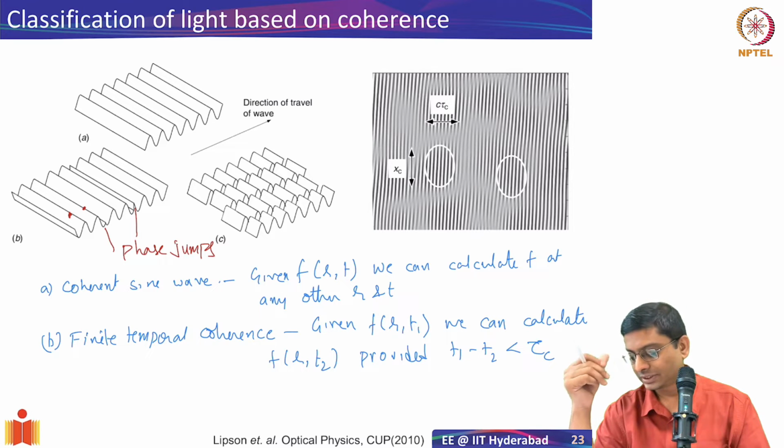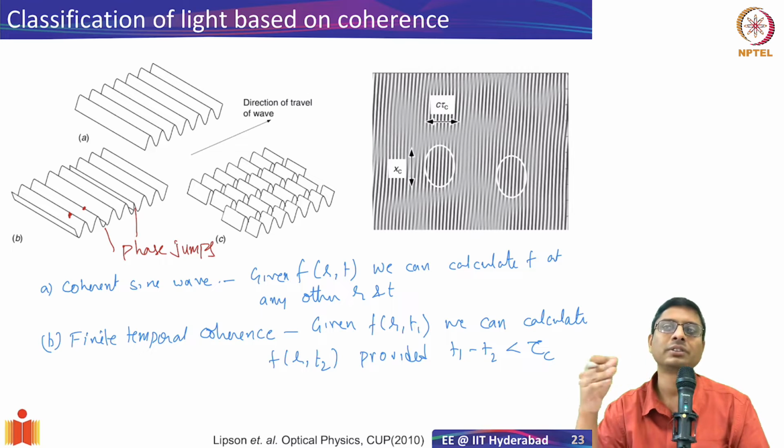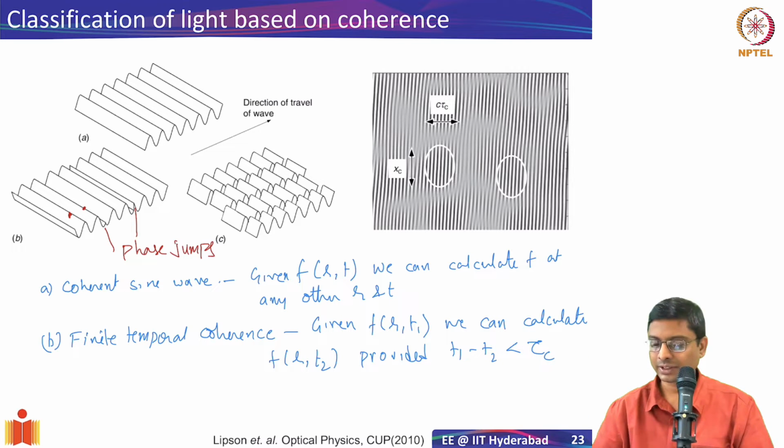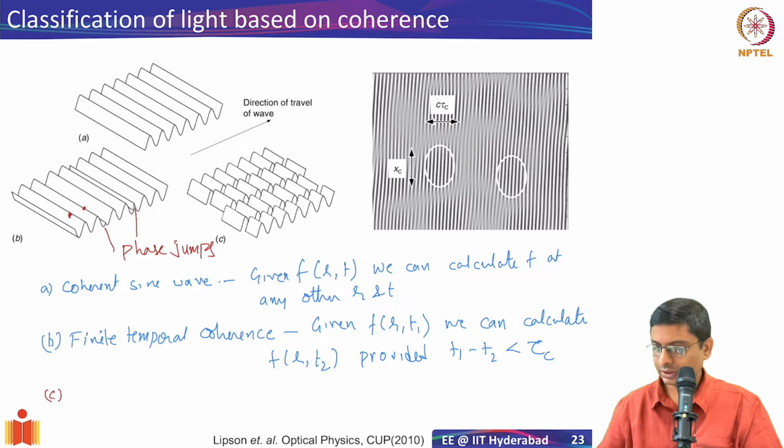So in this case, the temporal coherence is basically a measure of for how long the wave is coherent. Here the wave is coherent for this duration. Again, there's a phase jump, but again coherent for some time, and so on. This is temporal coherence. The other thing we'll have to look at is spatial coherence, which is finite spatial coherence.